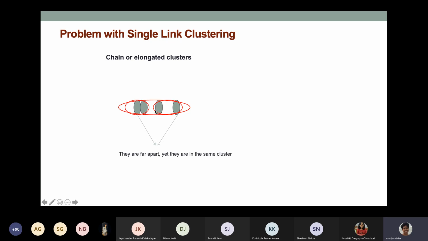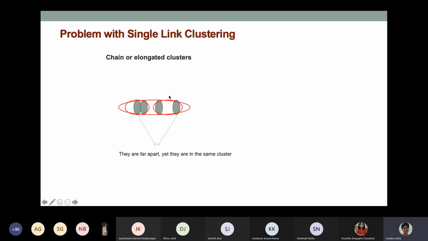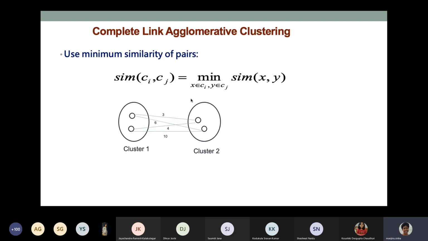But in this example, these two are very far apart, yet because we are taking the closest pair, they end up in the same cluster. So as a remedy to this problem, if we have elongated clusters or chains like this, we come up with the complete link approach.